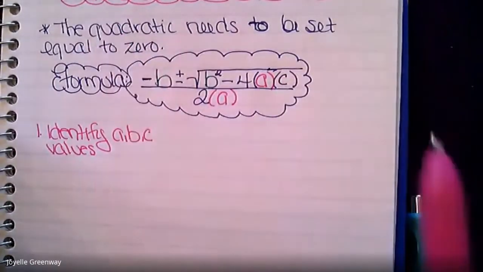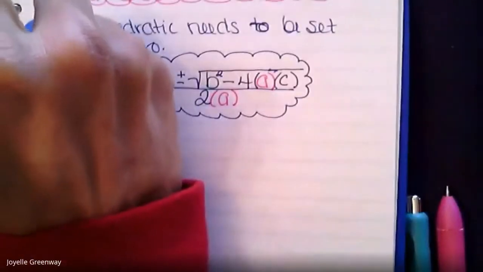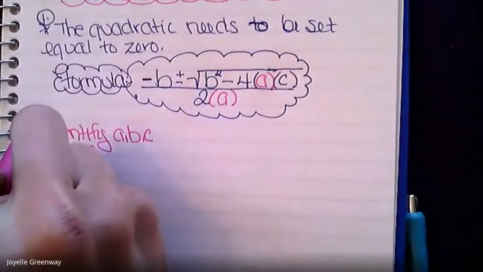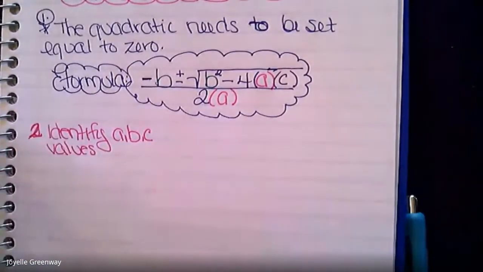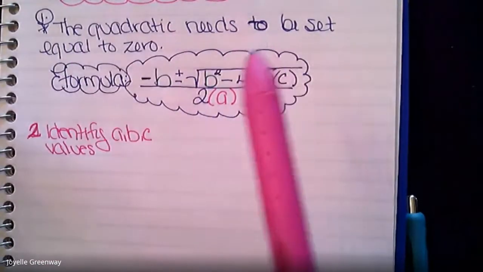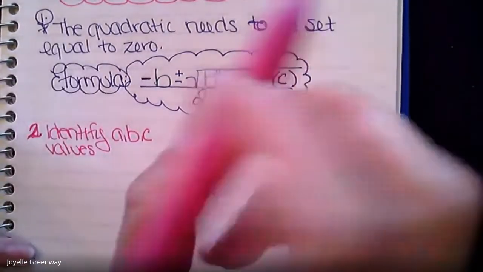So technically, this would be your step 1, and this would technically be, sorry about that, your step 2. So the quadratic needs to be set equal to 0. You make sure, and then after you do that, you identify your a, b, and c values.